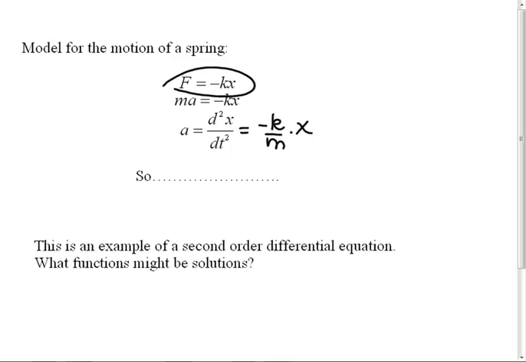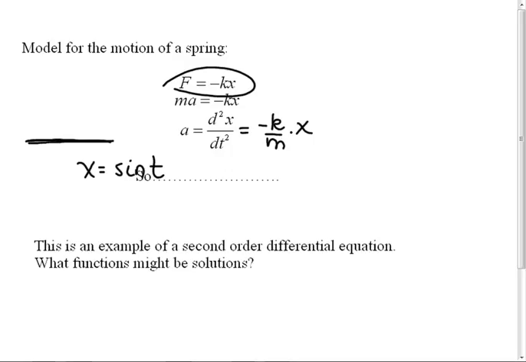What do you think might be a good function that would model a spring? Spring, it goes back and forth. Yeah, sine. Sine of t or cosine of t would be a good model. Because if you take the first derivative, you get cosine. Take the second derivative, and you're back to sine.